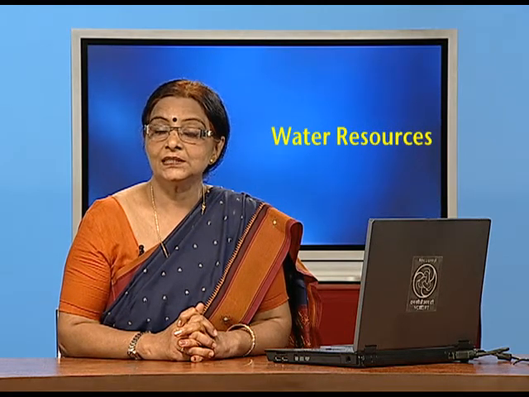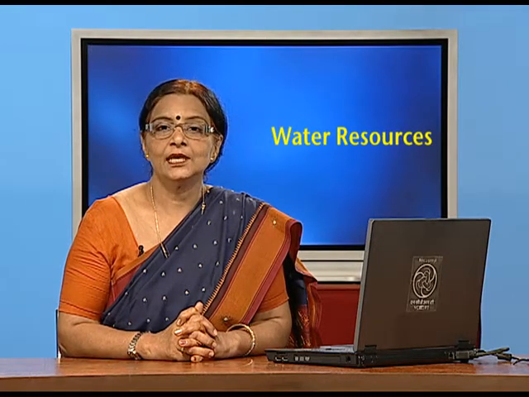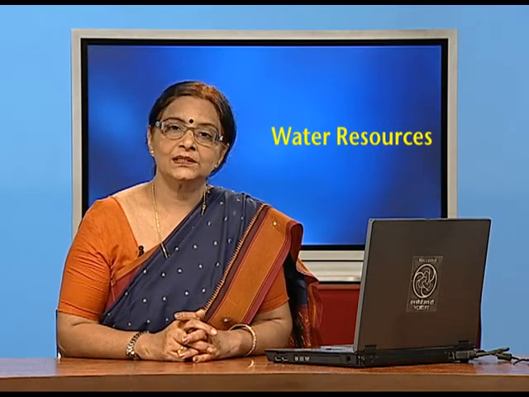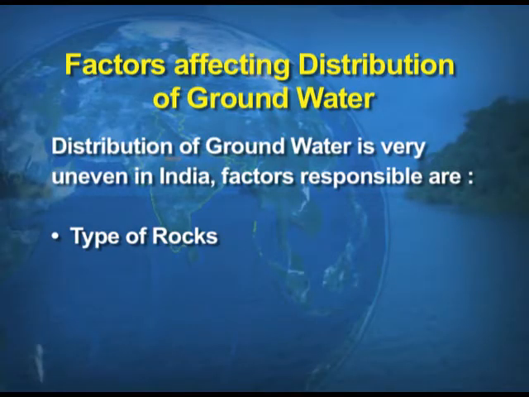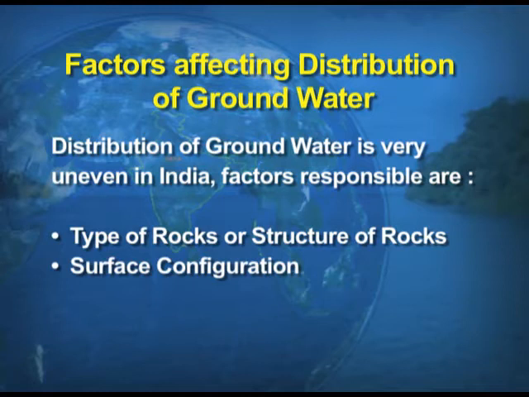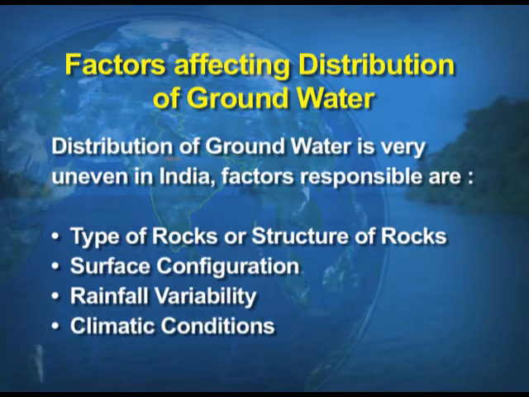So this means that the water percolation is not the same in every part of the country. Now, what are the reasons for that? Number one is the type of the rocks, or you can say the structure of the rocks. Second, the surface configuration. The third is rainfall variability, and the fourth is climatic conditions.